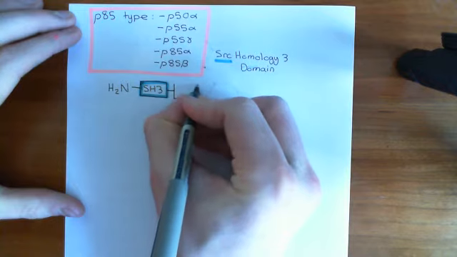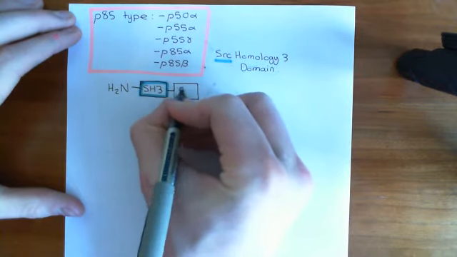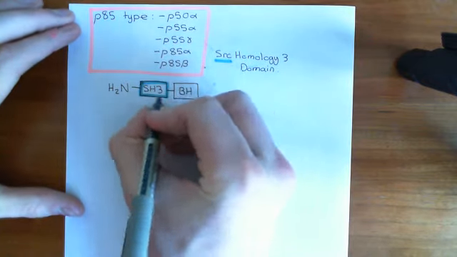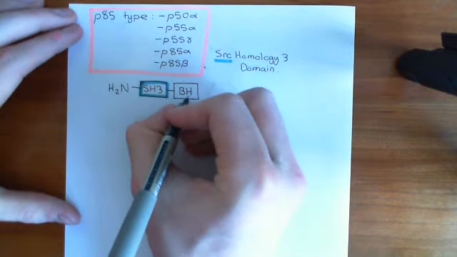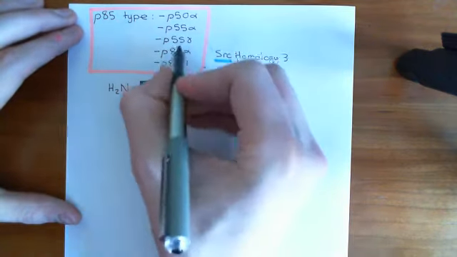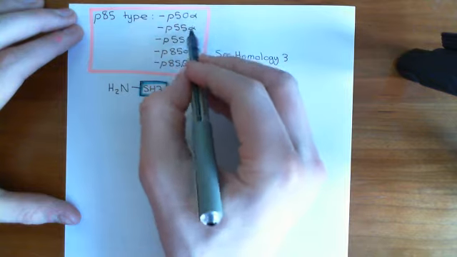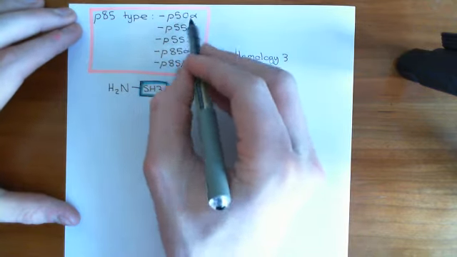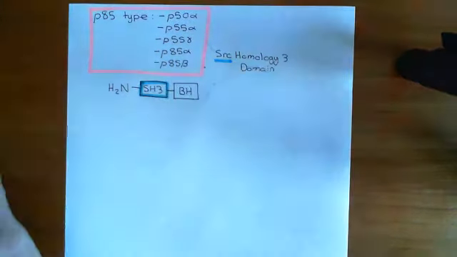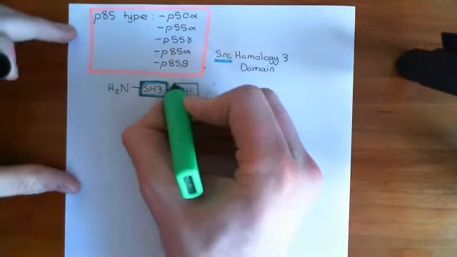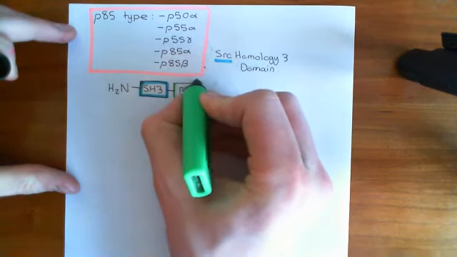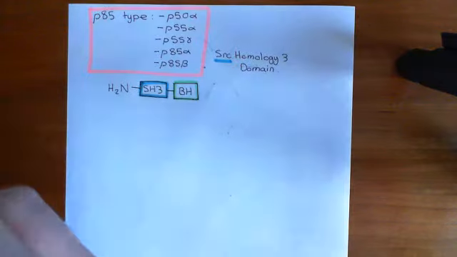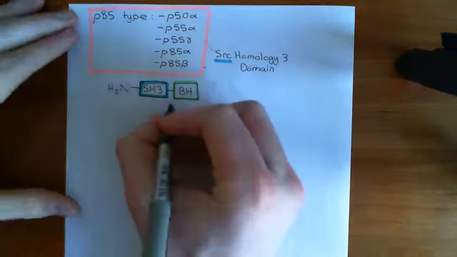Then you have another domain that you find in many different proteins, which is called a BH domain. Now, the significance of these two domains is not really understood, because after all, these two domains are not going to be present in the other three, and these three are perfectly functional without them. These are just two domains which we find in these longer P85 alpha and P85 beta regulatory subunits.